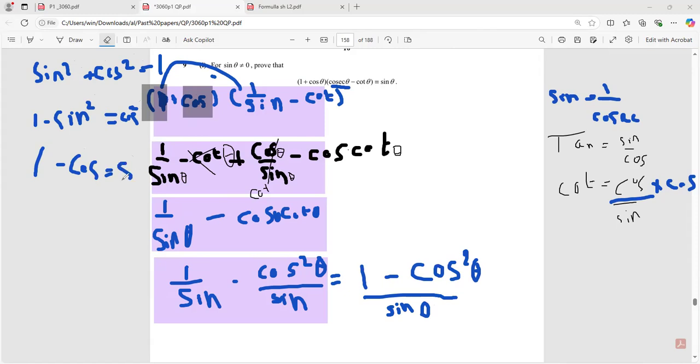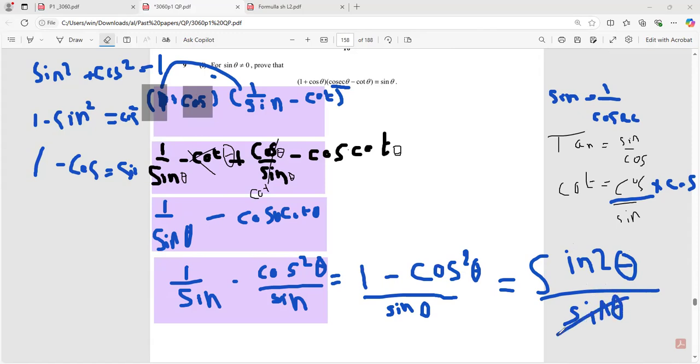According to our favorite rule, we have sine square theta over sine, which is just sine theta. So we cancel the denominator with the square, which equals sine theta, and we did it.